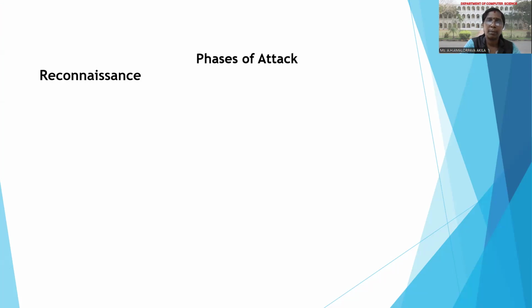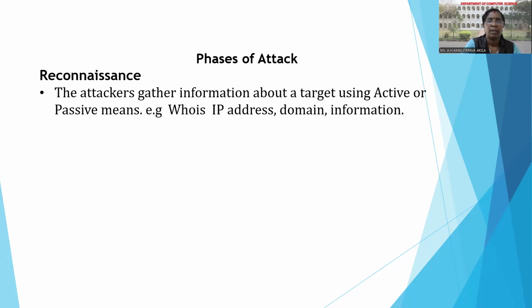The target may be a website, a person, or a web browser. If it is a website, the attackers can gather information such as its IP address, and whether the website is hosted on a shared server or a dedicated server.